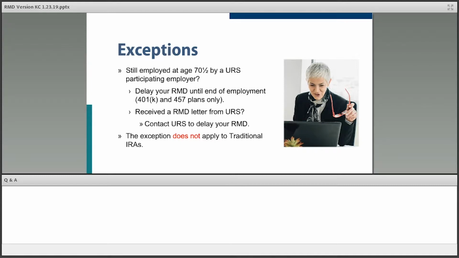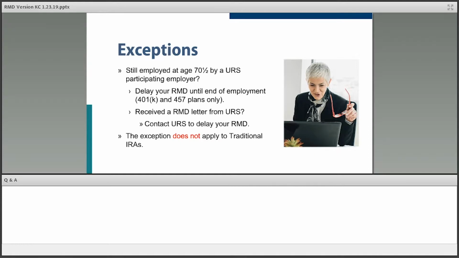Now, in that scenario, we send out letters at age 70 and a half from the retirement office letting our participants know that they're 70 and a half and that they need to start taking their minimum required distribution. If you are still employed by a URS covered employer at age 70 and a half and need to start taking that minimum distribution, we'll go ahead and help you with that.